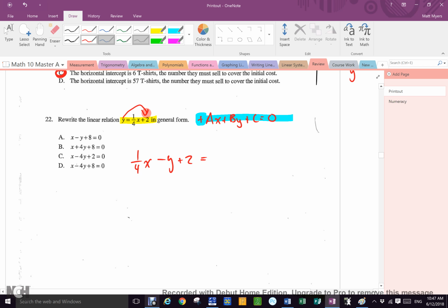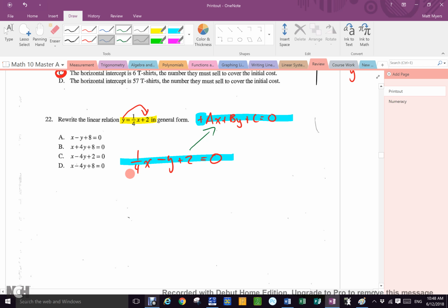What is the last step to make this look like that? What is your last step? What is wrong with this? You can't have a fraction, which means you have to get rid of it. In algebra, you get rid of things by doing the opposite to what is written on the page. What math is happening here?